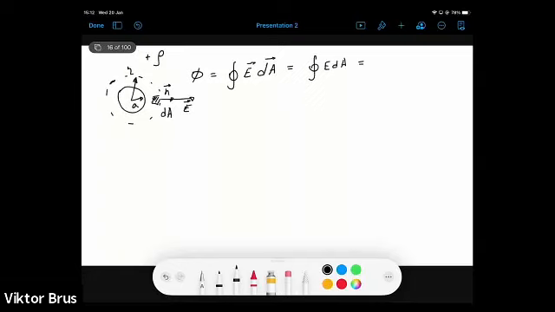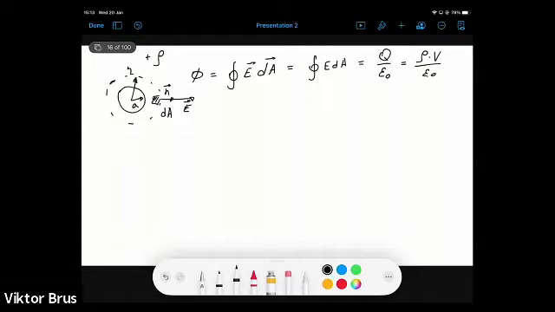And according to the Gauss law, the electric field flux will be equal to the electric charge enclosed in the Gaussian surface, which will be Q capital divided by epsilon 0. So this Q capital is nothing else than our volume density of electric charge times the volume of this sphere with a radius a, divided by epsilon 0.